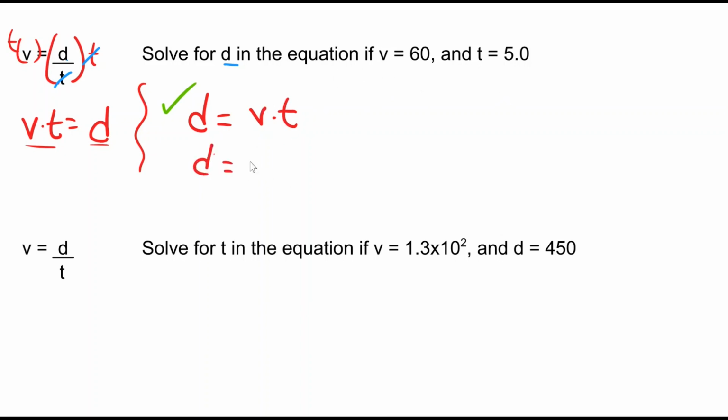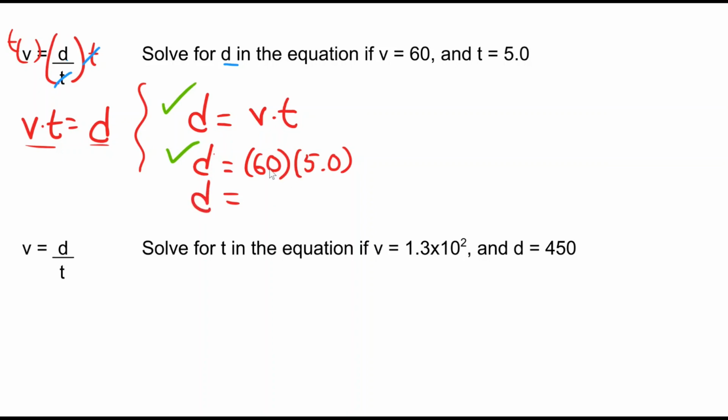So d equals 60 times t, which is 5.0. So you get another mark just for substituting the information in. It wasn't really difficult, but you had to do it, because part of our science courses is communicating how we got the answer.